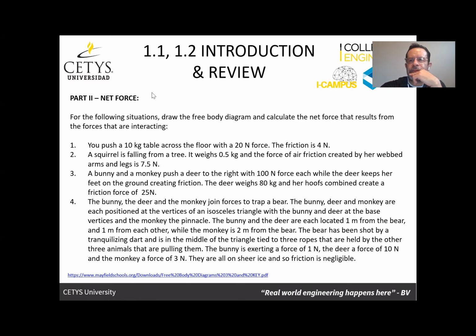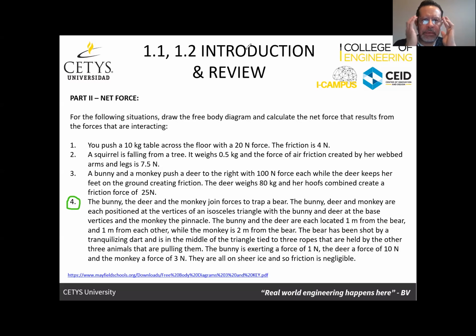I am going to give you guys a few minutes to try to do at least the free body diagram of the problem. I'm going to give you a couple of minutes, 2-3 minutes to try to work on this problem individually. Okay, just grab a sheet of paper, at least to try to represent what we're talking about in the description of the problem. And after a few minutes, we're going to come back and we're going to solve it here. Okay, so I'm going to pause the recording for a moment here to let you guys think.